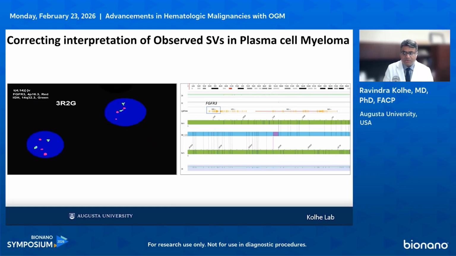When we ran OGM on it, the OGM revealed the gain observed in the FISH was because of a translocation 4;5 with a breakpoint in 4p16.3. That particular region overlaps the region of the dual FISH probe used for detecting the FGFR3 gain, and the breakpoint of the translocation did not disrupt the FGFR3 gene, and hence the FISH was called like that.